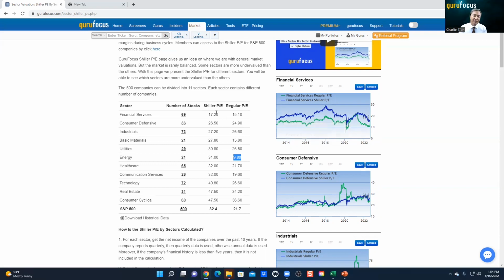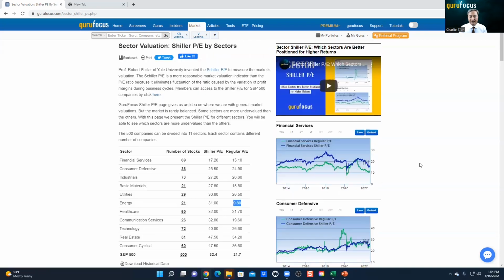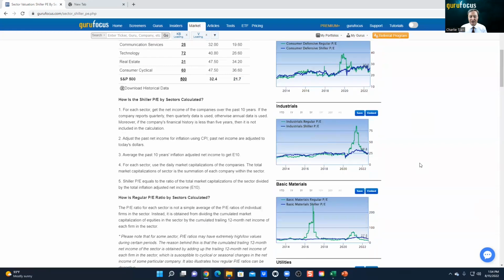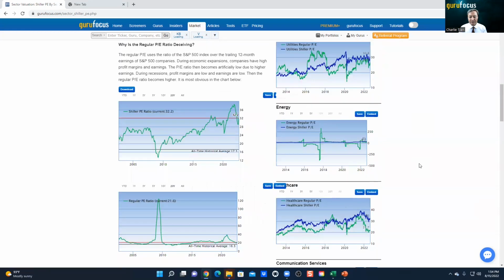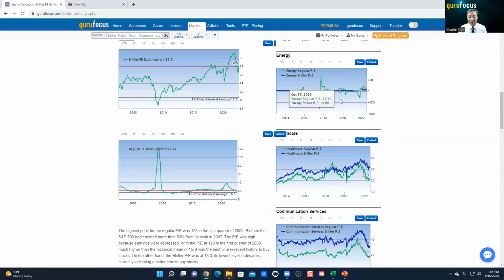But actually, 2 years ago, if you look at this table, it will tell you energy was cheap. That's what I recall. If we look at the energy sector's historical regular PE and Shiller PE, the earnings were so volatile that the regular PE was not meaningful at all.